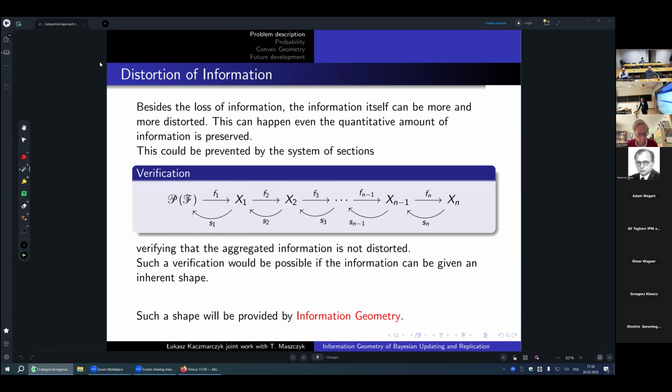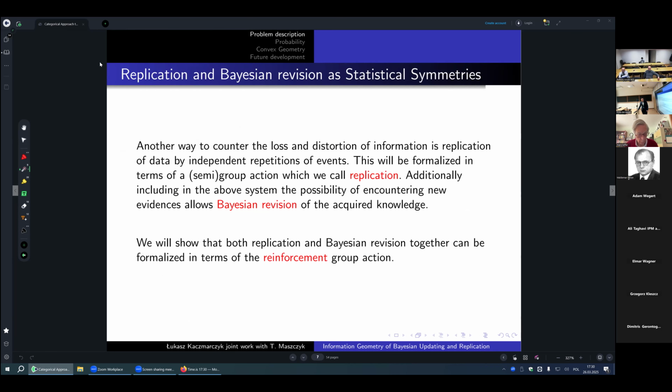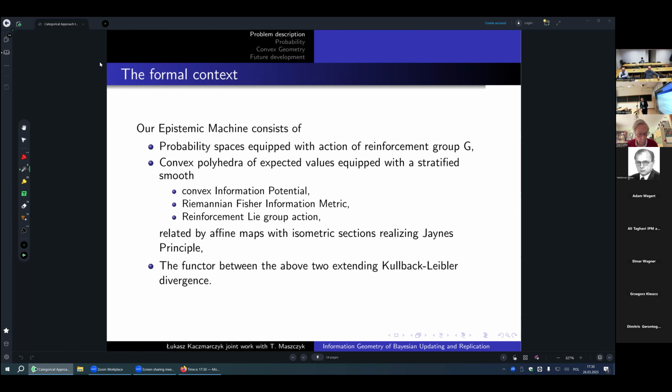They will be isometric, they will be orthogonal, and they would realize the Jaynes principle, which is really, really nice. And to be quite honest, without Jaynes' principle, none of it would work.